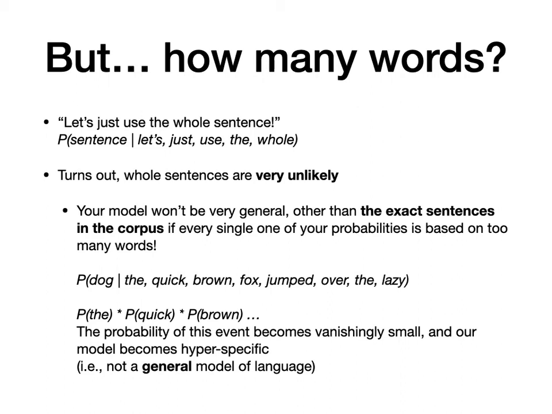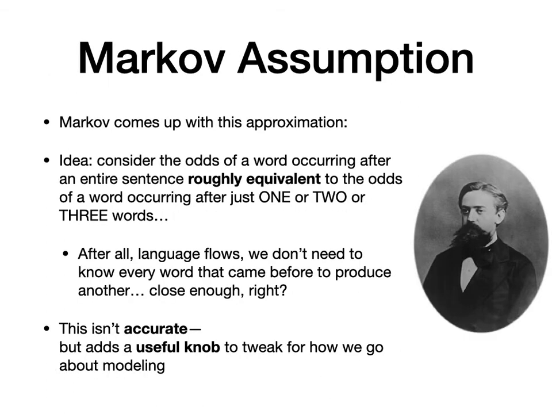So here's the idea. To avoid this, we meet our friend Markov. He comes up with this approximation. Consider the odds of any given word occurring after an entire sentence to be roughly equivalent to the odds of a word occurring after just one or two or three words. Okay, so after all, language is flowing.